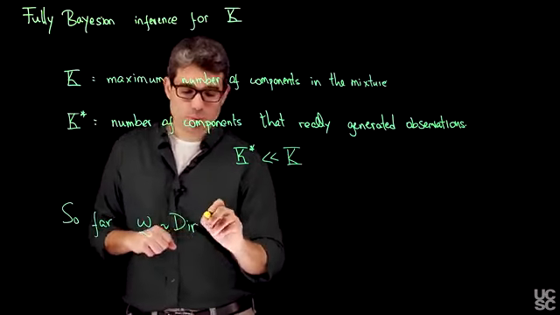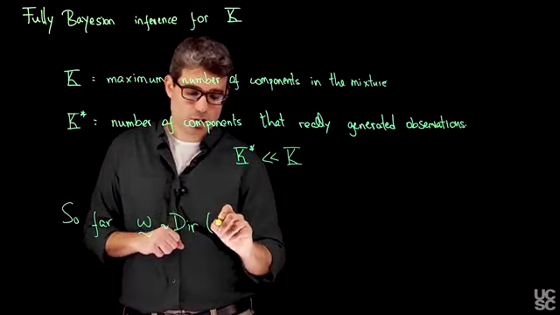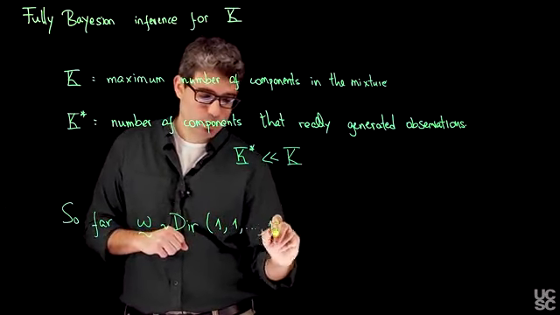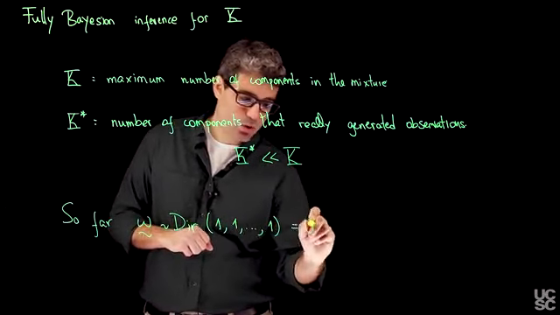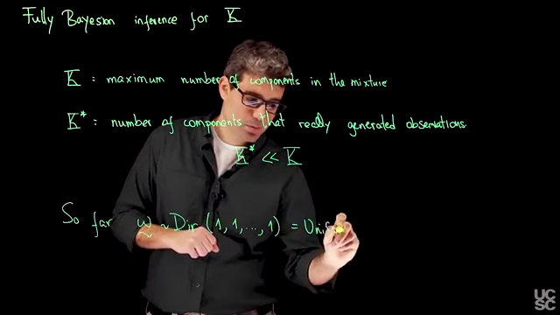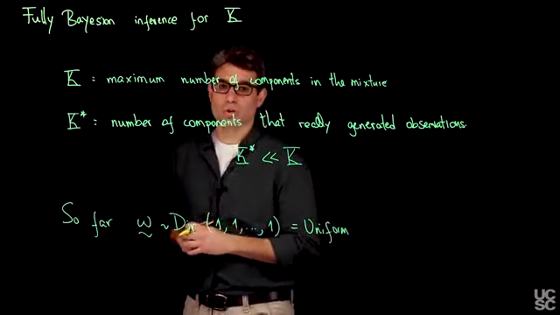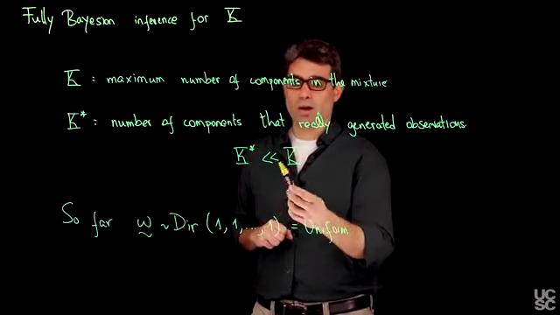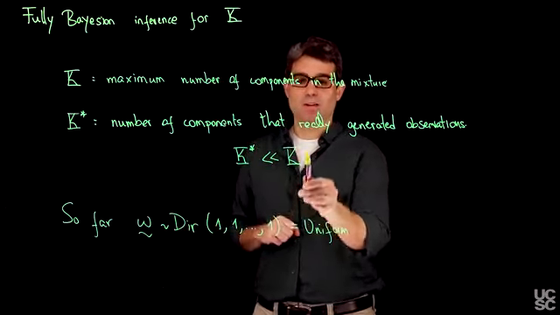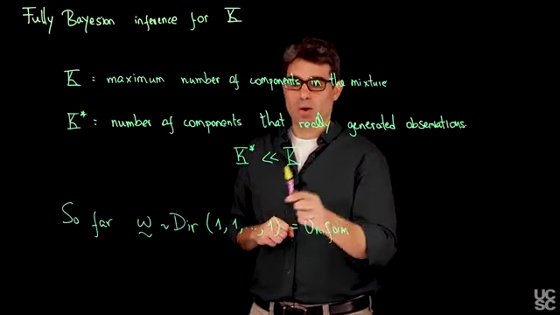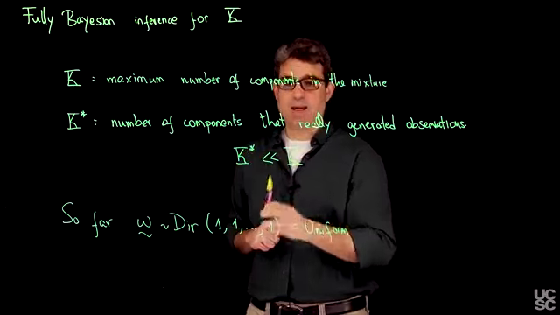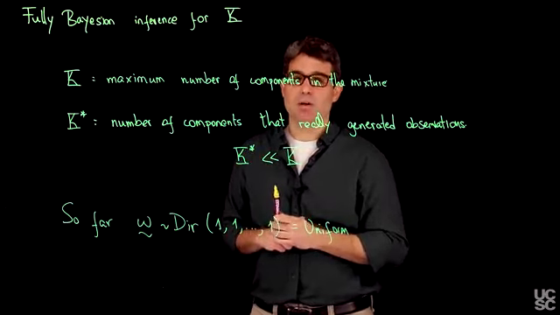And in particular, we've been using a very particular type of Dirichlet, a Dirichlet(1, 1, 1), that just boils down to a uniform distribution on the simplex. Now, this prior has been helpful while we keep capital K fixed, and we have a good idea about what K star is, and in particular, we think that K star and K are about the same value.